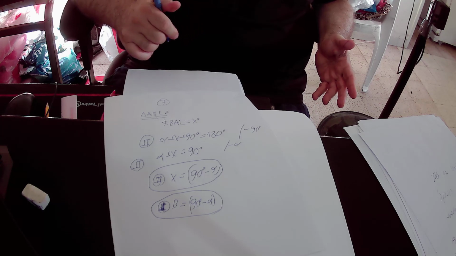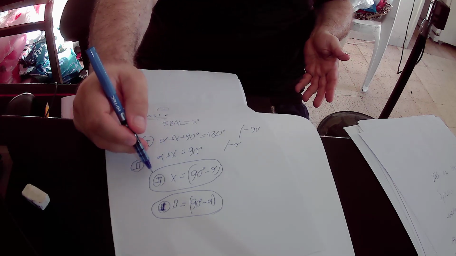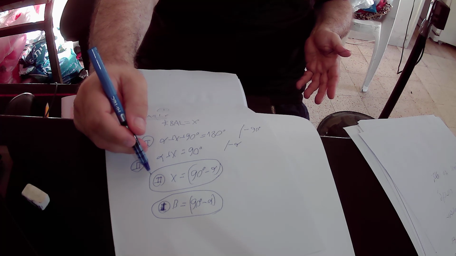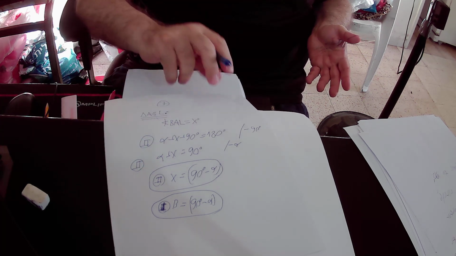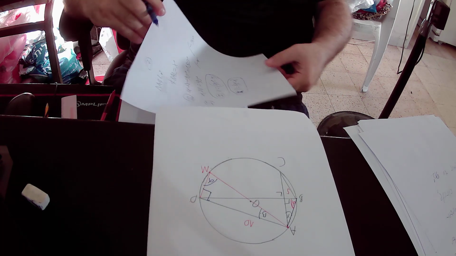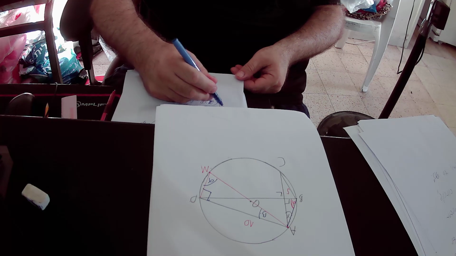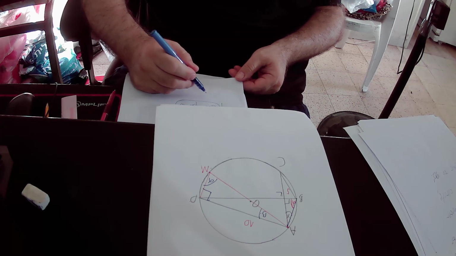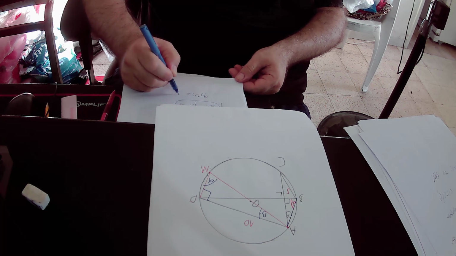Okay, so we can deduce from both equation number 1 and 2 that X equals beta, or I will show you the long way. 90 degrees minus alpha equals 90 degrees minus alpha.